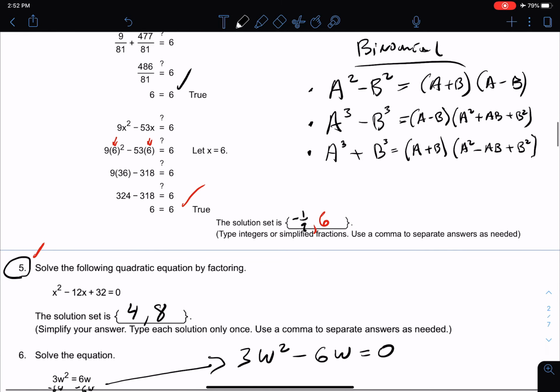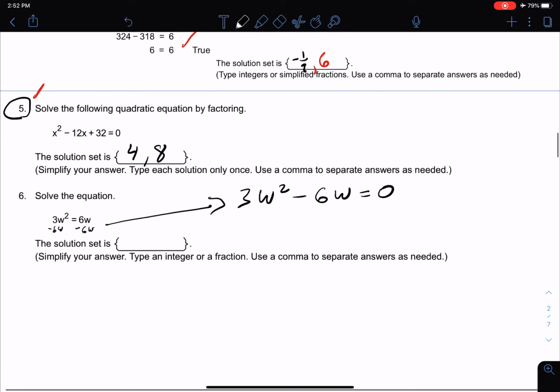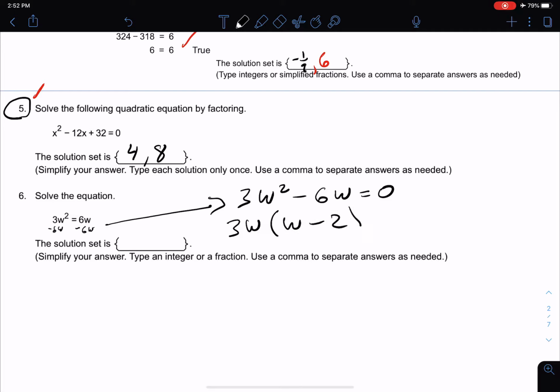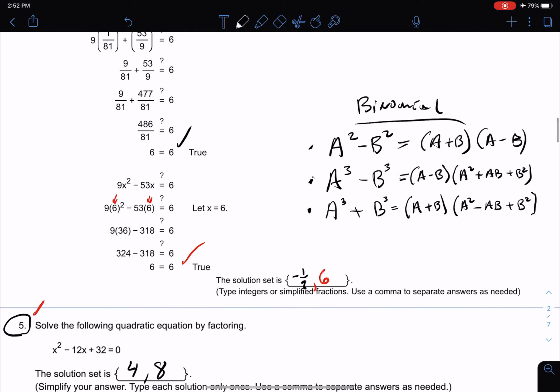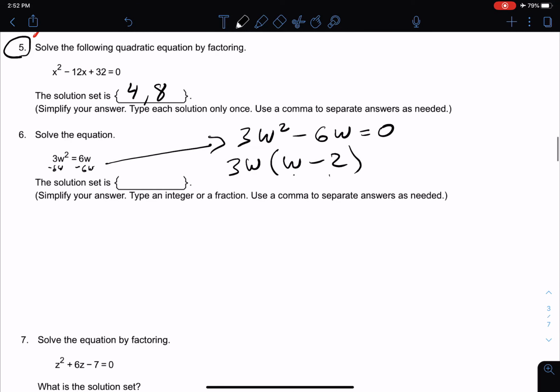That was extra review. Okay, so the first thing we want to do with this binomial is see what factors out. And I see a 3w factors out. What's left? w minus 2. So w minus 2 is a binomial that does not fit in one of these. So I know I'm done, it's prime, it's finished in terms of factoring. So now we've got a factor.